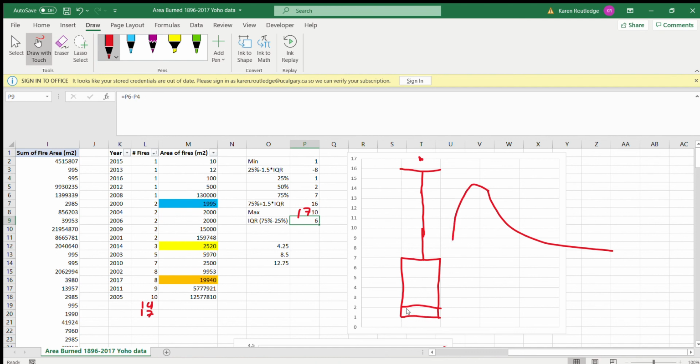There's some uncertainty as to whether or not this is going to go down or maybe it just stays across. Really, the important thing is to know that most of our values are going to be here on the lower side, and then we're going to have this right-hand tail that matches this long positive whisker. So positive tail, positive whisker. And that's it.